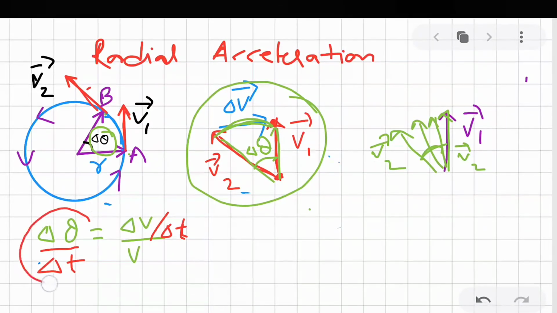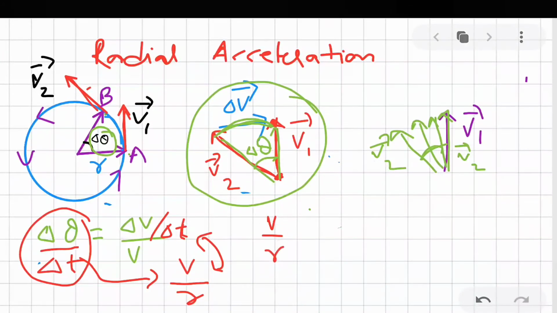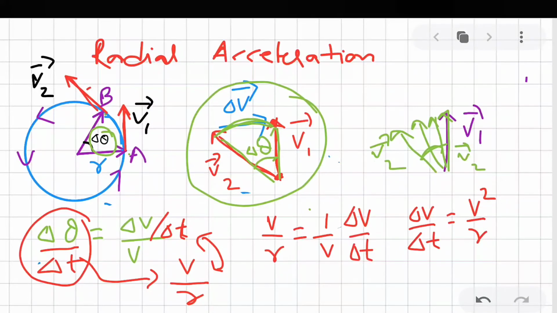Now this delta theta by delta T, we have already got to be equal to V by R. So we can equate these two equations. We have V by R is equal to 1 by V times delta V by delta T, or I can write delta V by delta T is equal to V square by R. And what is this?